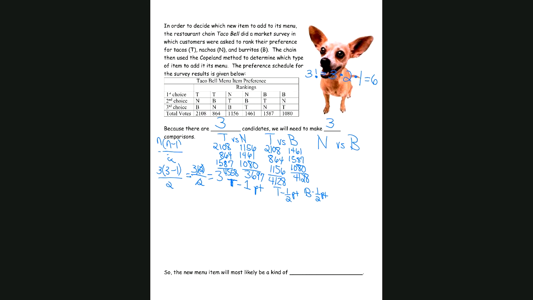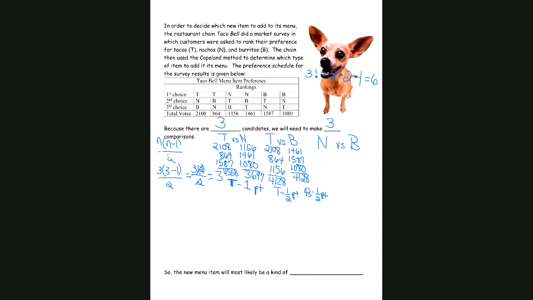And now let's do the last comparison. Anytime nachos is above burritos, we're going to give nachos those points. So nachos is above burritos here, so they get the 2,108 points. Nachos is above burritos here, so they get the 1156.